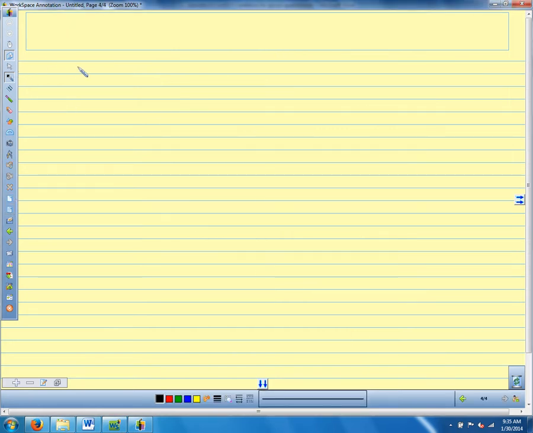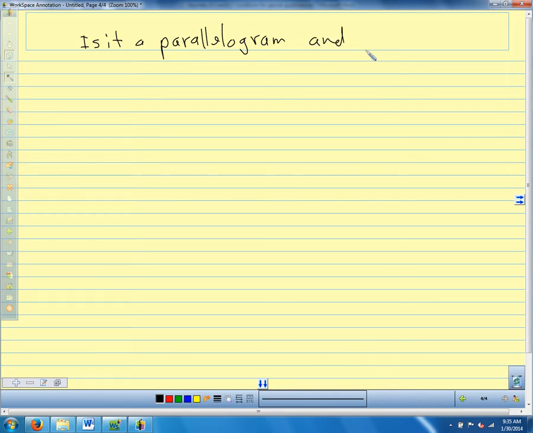So for these two, we want to know, is it a parallelogram? And why? So here's my first shape.